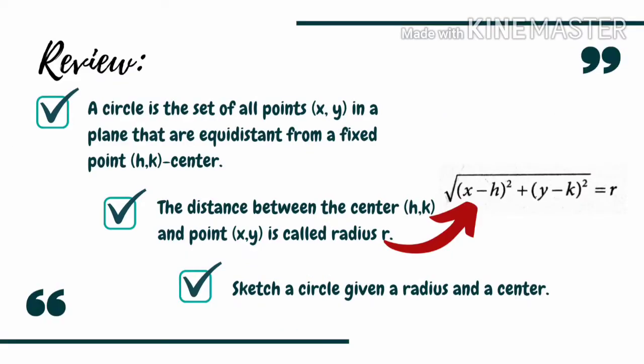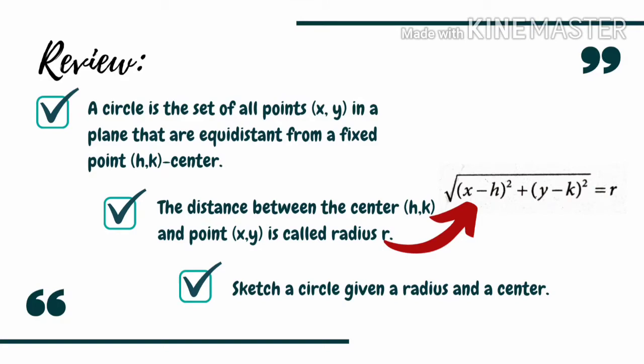But before anything else, let's have first a review on the topic that we discussed last week. We discussed a circle, which is the set of all points (x, y) in a plane that are equidistant from a fixed point called the center, which has the coordinates (h, k). We also discussed the radius, which is the distance between the center (h, k) and a point on a circle, (x, y).